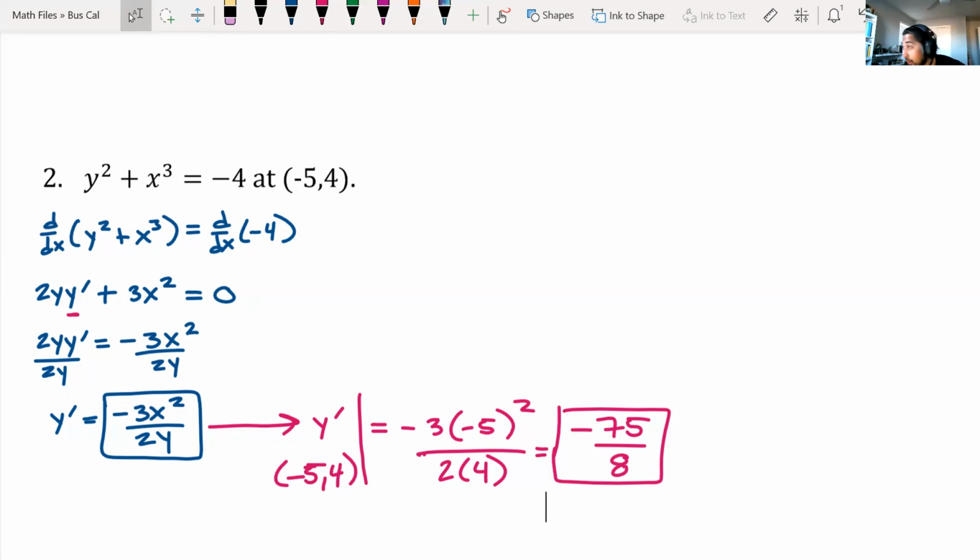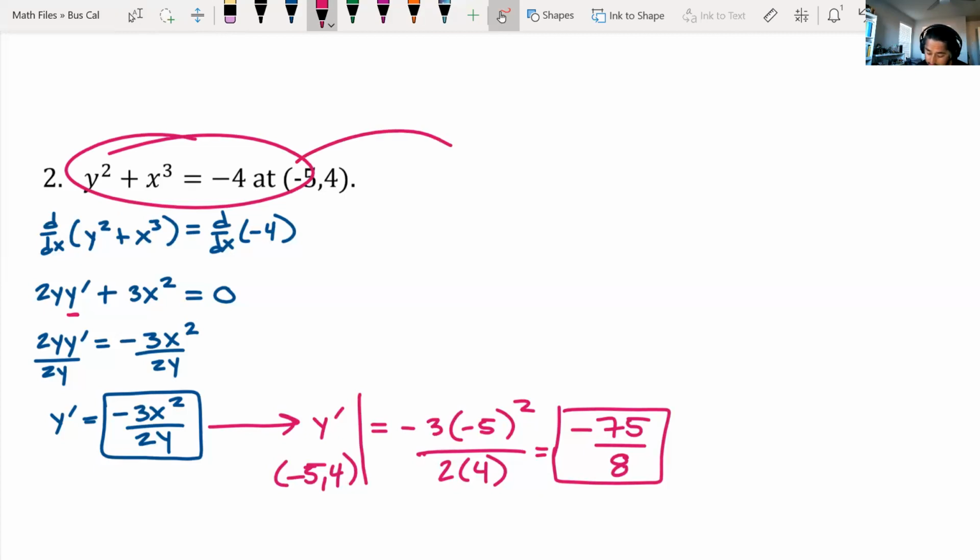Agreed. Okay. So again, the reason implicit was created was to make derivatives easier. Let's say we didn't know about implicit and we said, take the derivative of this function. Well, in order to take the derivative of it, you would have to solve it for y. So that means I would make it y squared equal to negative x cubed minus 4.